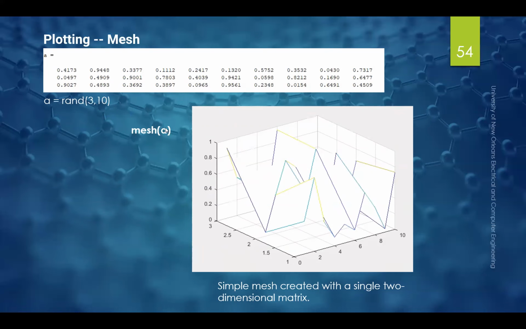And I just let MATLAB decide how to generate the plot. But in essence, again, what we have is just a matrix of numbers here, right? And it is a 3x10 matrix, and I'm using mesh to plot that function in 3 dimensions. Okay.